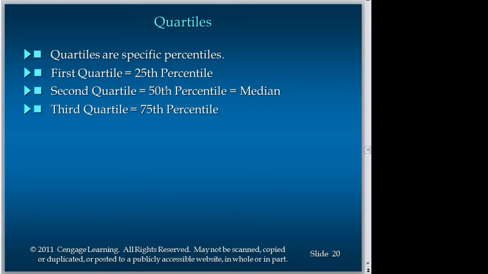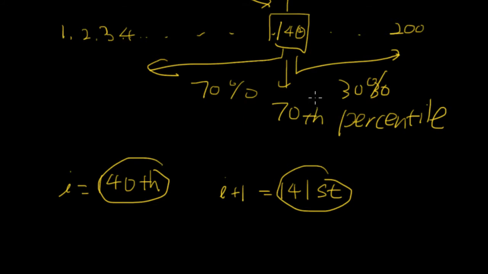Now, quartile, basically, you are putting your data into 4 different pieces, right? Let me go to the blackboard and show you what I mean. Let's say your data is arranged from here to here.